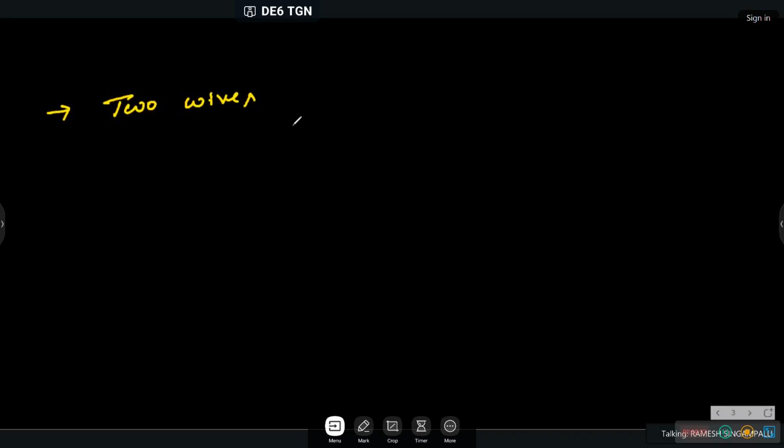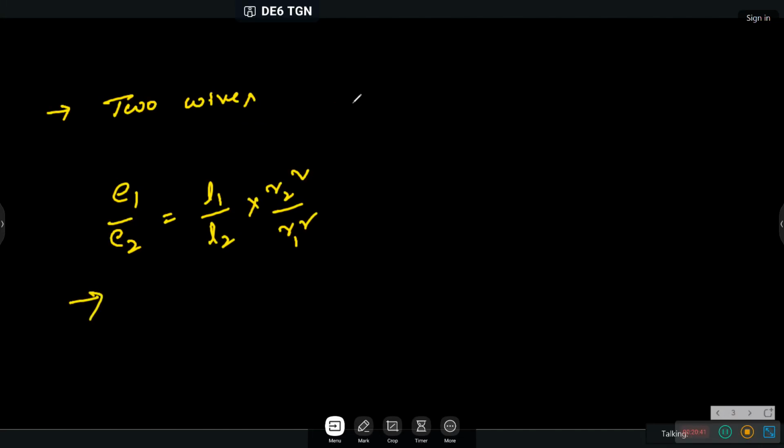Then the ratio of elongations E1 by E2 is equal to L1 by L2 into R2 square by R1 square. Next.